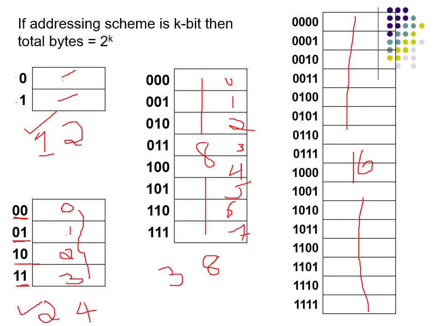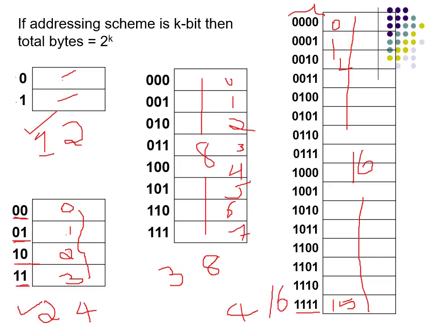So address starts from 0, 1, 2 up to 15. When I write it down in binary, I require minimum 4 bits. Otherwise I cannot represent 1111, that is 15. Means here 4 bit addressing, so I could assign addresses to 16 bytes.